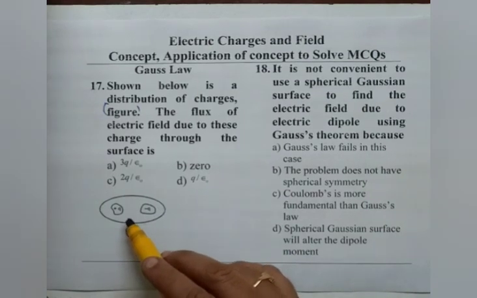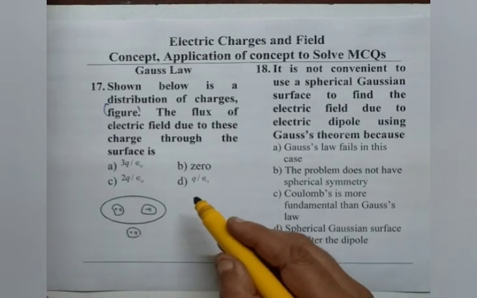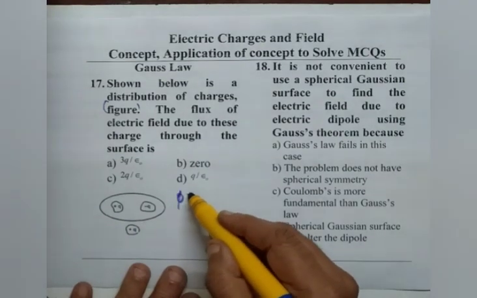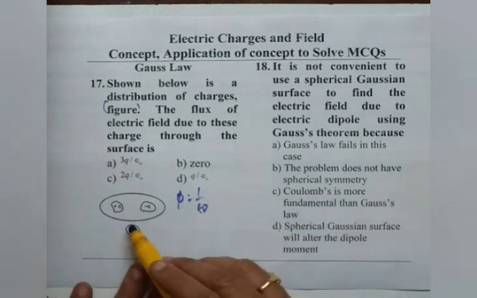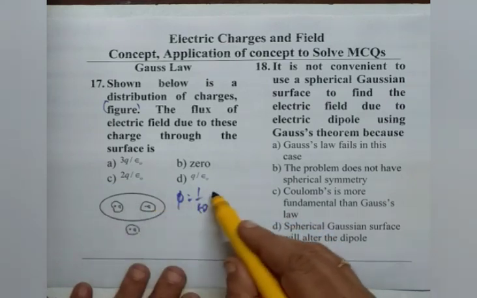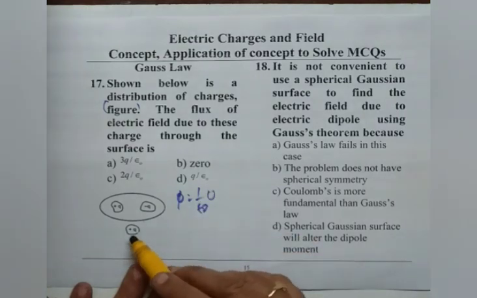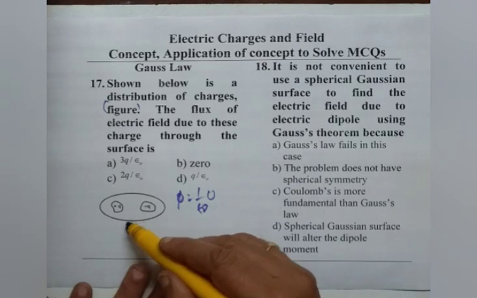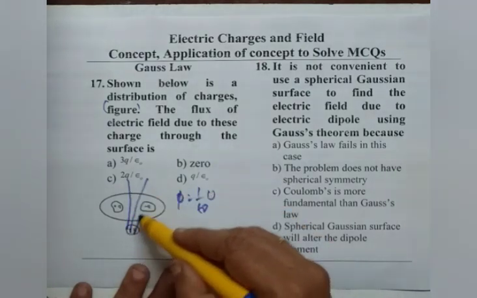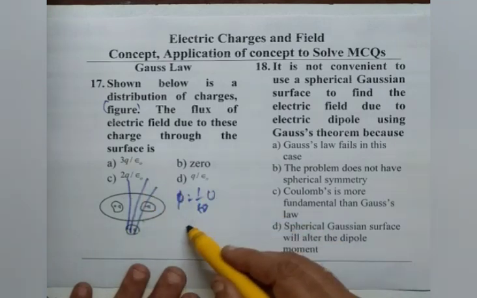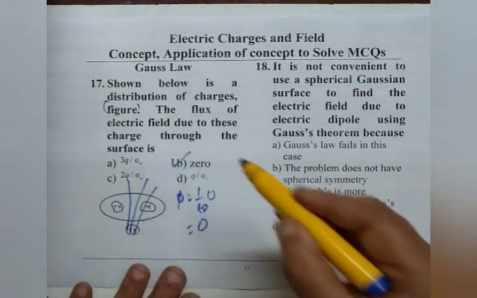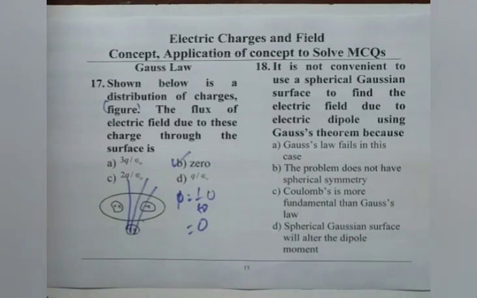Just now we discussed, according to Gauss law, electric flux is 1 by epsilon naught times net charge enclosed. Here, net charge enclosed means plus q and minus q, which is 0, using the additive property. This plus q outside won't contribute, because as many lines enter, so many lines come out. Therefore, net flux is 0. Option B is right. So we go for the 18th one.